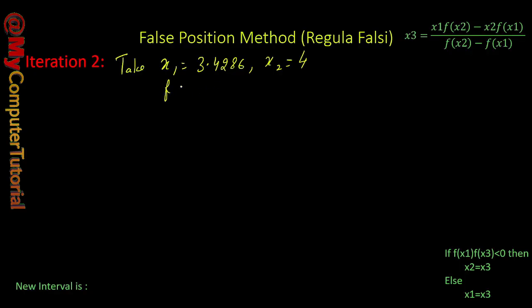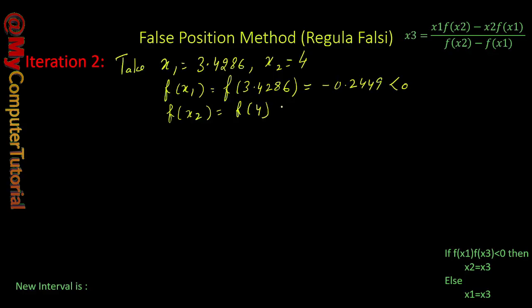From the previous iteration you have seen that f of x1, that is f of 3.4286, is equal to minus 0.2449, which is less than 0, and f of x2, that is f of 4, which we already calculated, is equal to 4. Now x3 can be calculated by this formula, x1 into f(x2) minus x2 f(x1) over f(x2) minus f(x1).